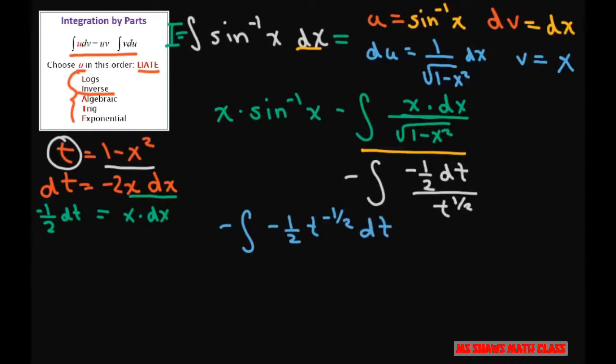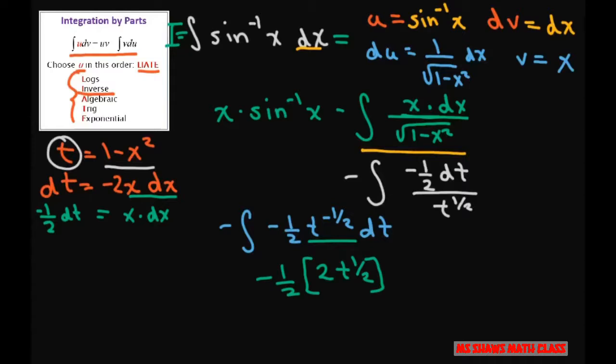And now all I have to do is find the antiderivative of this. I'm just going to write negative 1/2 here, and look at this piece here. The antiderivative is going to be 2t to the 1/2.